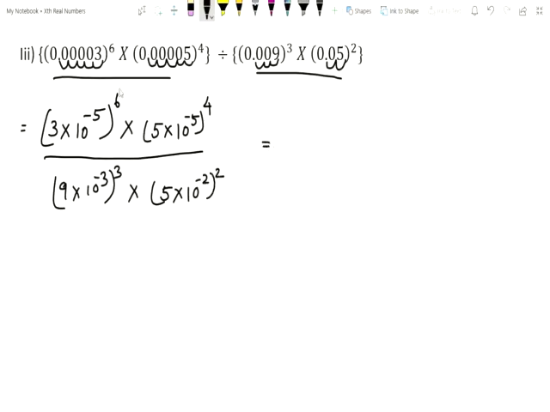Okay. Now apply the powers. 3 power 6 into 10 power 5 6 are 30.